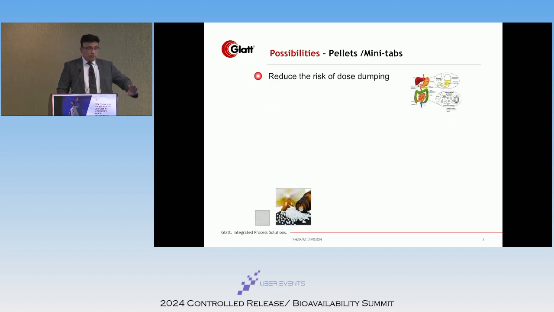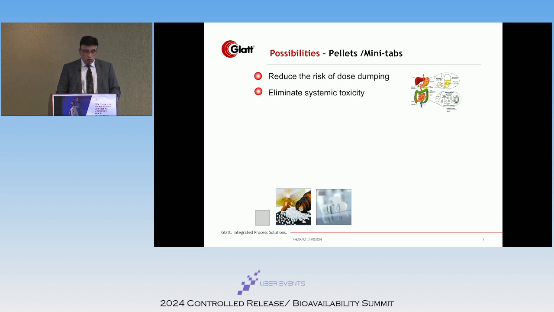Now, these are basically behind the scene possibilities that this particular mini tablet and pellet offers, which is to reduce the risk of dose dumping, because since they are distributed, saturated throughout the GI tract, their absorption is uniform throughout the GI tract.